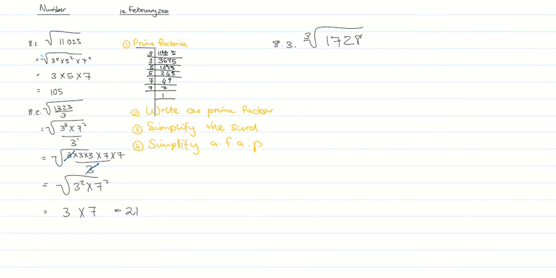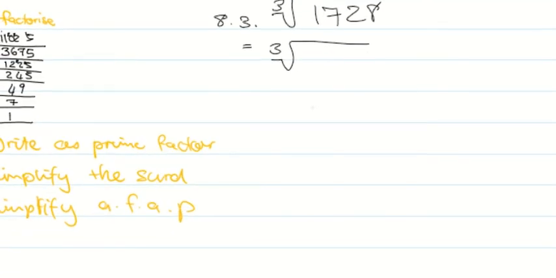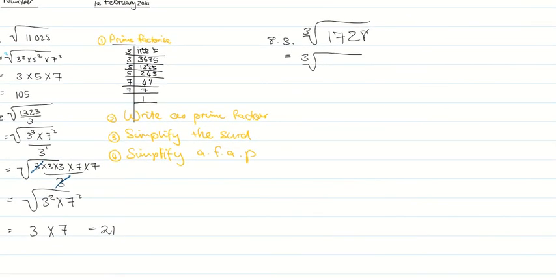1728. Alright, first step will be to prime factorize. So I'm going to write this like this. I'm going to keep it under the cube root for now, and then I'm going to prime factorize. Once I prime factorize 1728, you can do the ladder method or the factor tree.